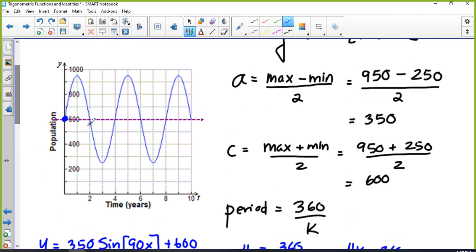This function doesn't do that. It starts at its minimum and increases. But can we find another point on this sinusoidal function, a maximum point such that when we pass it, the function decreases?